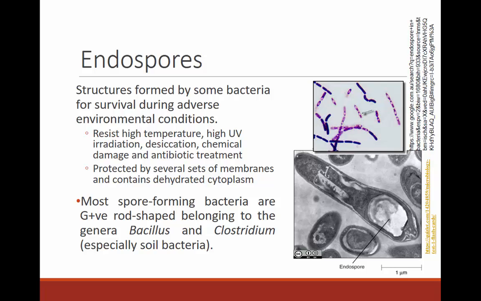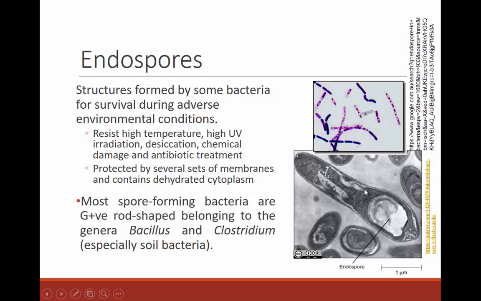Now these are typically formed, you generally find them in older cultures, because in older cultures that means that they have used up a lot of the nutrients in that particular area and they're undergoing stress. Okay, so what they do then is they put all of their genetic material into one particular area, and then wall it off.